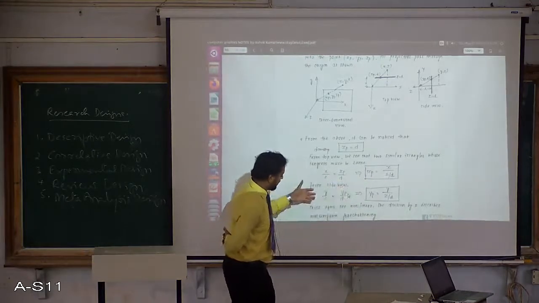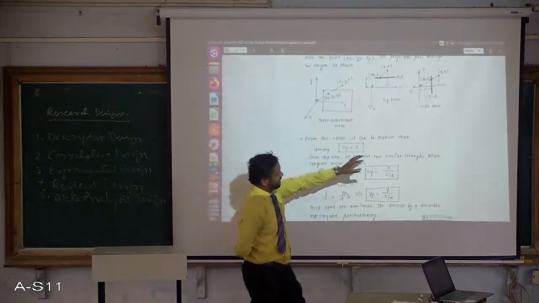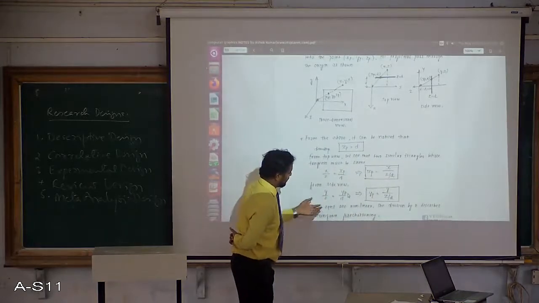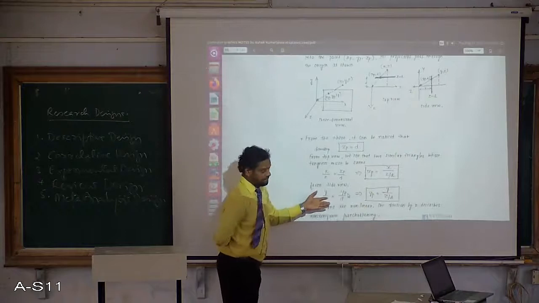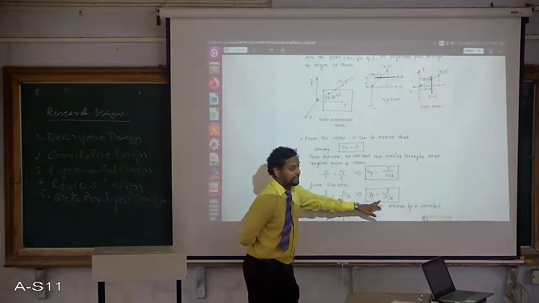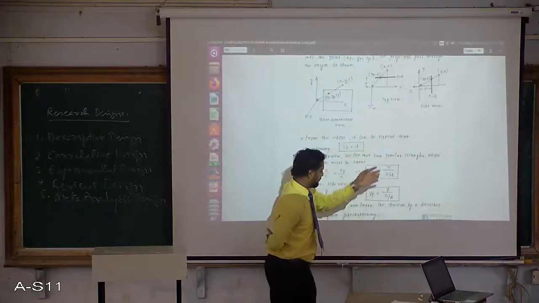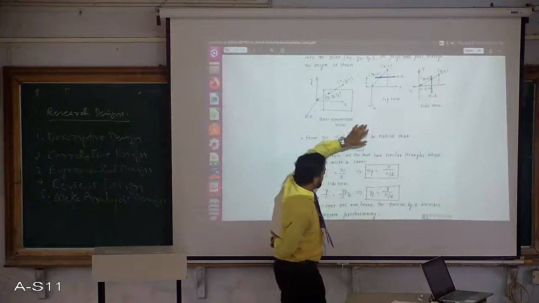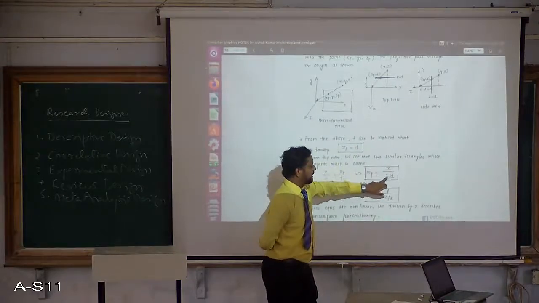Now same way, if I consider the side view, I get the value of yp: y by z equal to yp by d. And yp becomes y divided by z by d. So if I consider this figure, I get the value of yp as this, and if I consider this figure, I get the value of xp as x by z by d.